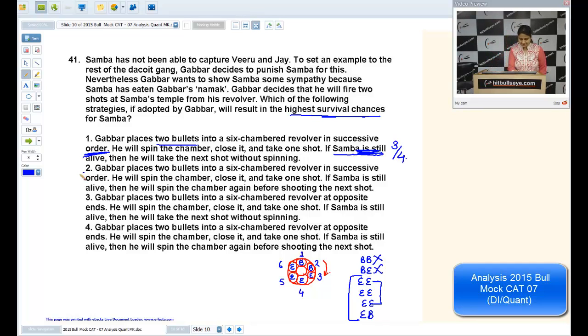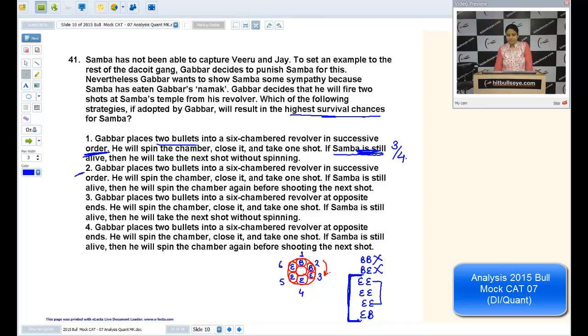Now I'm taking the second part. Gabbar places 2 bullets into a 6-chamber revolver in successive order, the same thing. He'll spin the chamber, close it and take one shot. If Samba is still alive, then he'll spin the chamber again before shooting the next shot.